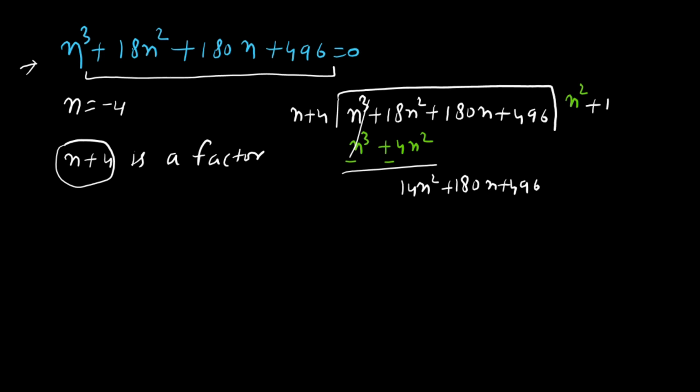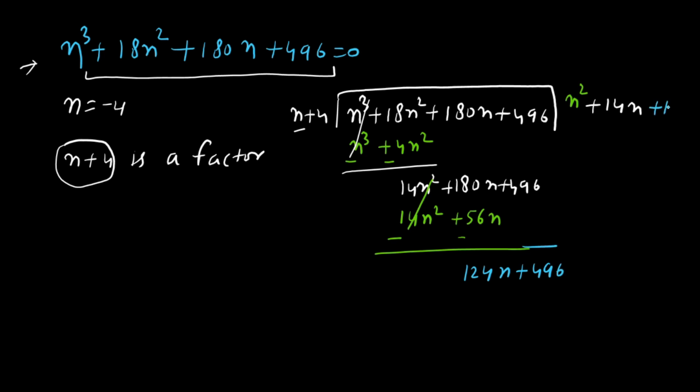Here if we take 14n, multiplied by n we get 14n square, and 14n multiplied by 4 gives 56n. Then minus, minus. 14n square is positive and this is negative, so they cancel out. Then here 180n minus 56n is 124n plus 496.